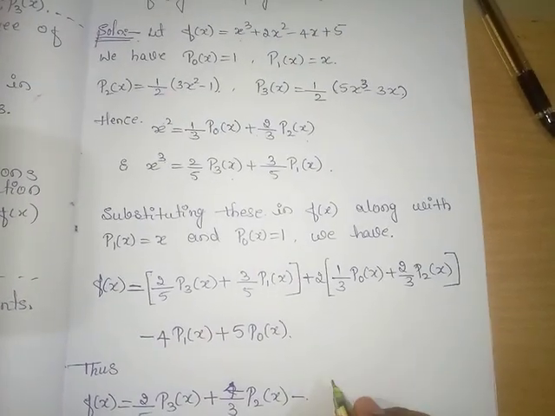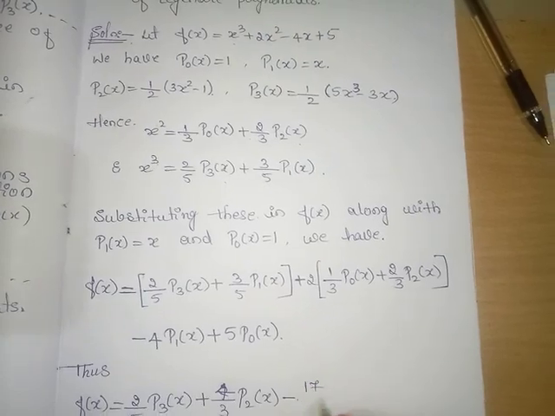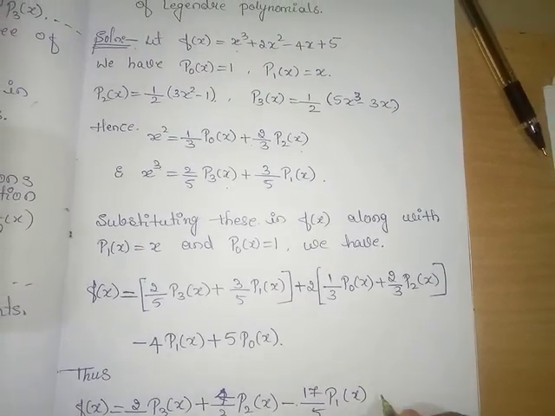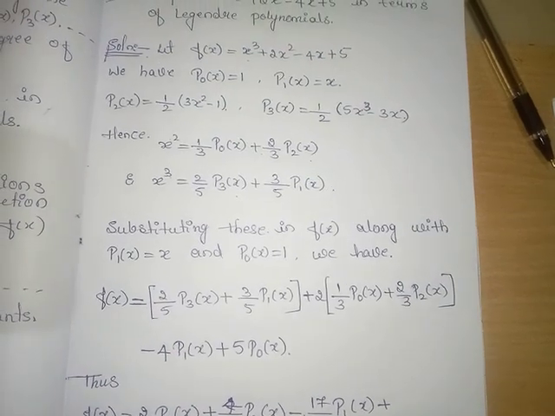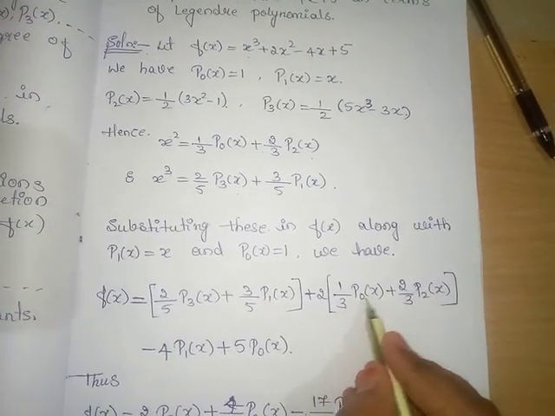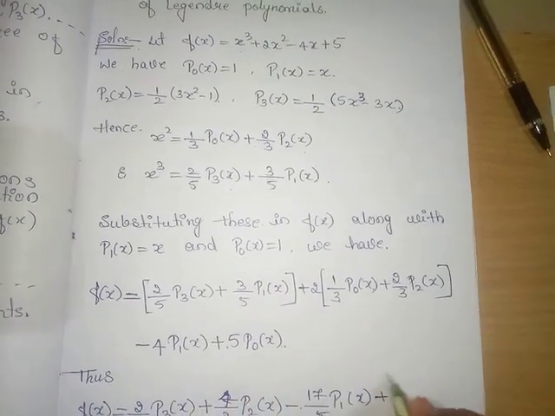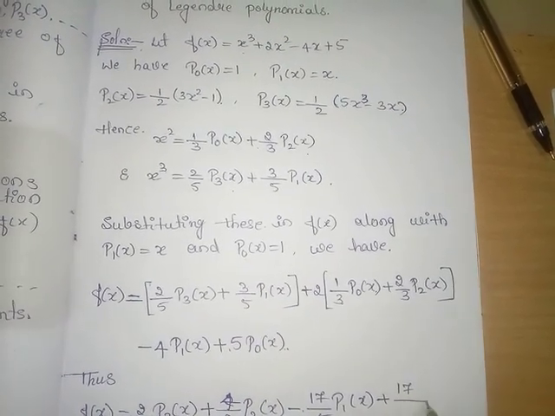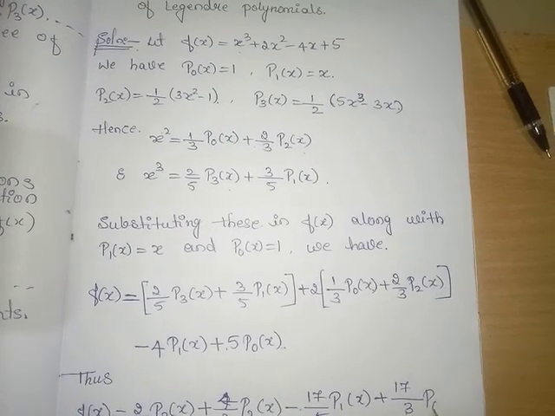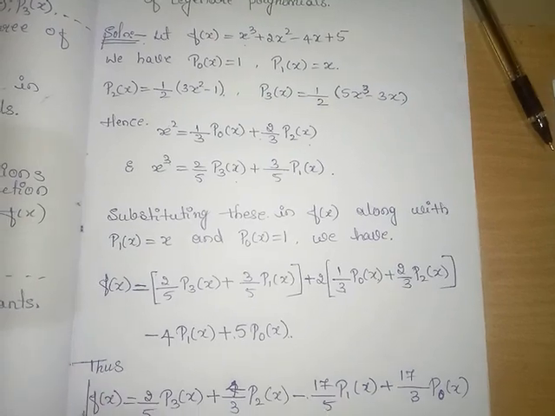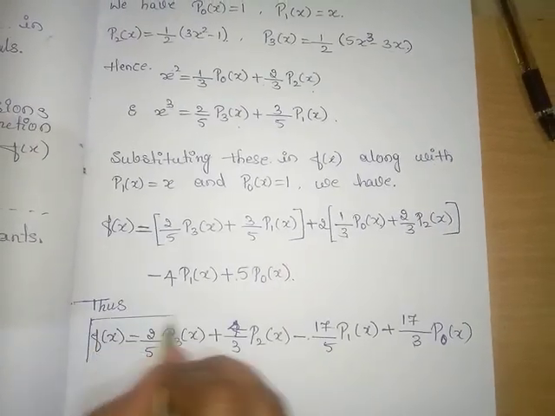On simplification we get 17 divided by 5 P1 of x plus similarly 4 by 3 P0 of x plus 5 into P0 of x. Simplify that, we get 17 divided by 3 P0 of x, which is our required result.